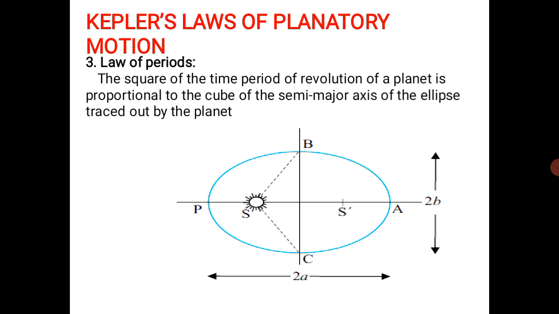Period means time taken to complete one rotation. We have already known that the time period of earth around the sun is 1 year.